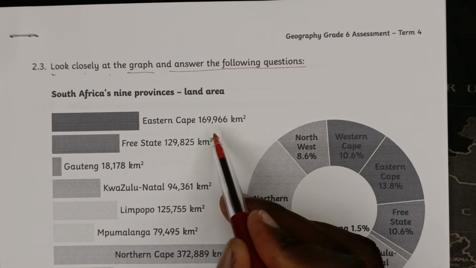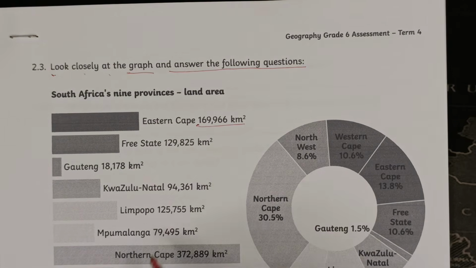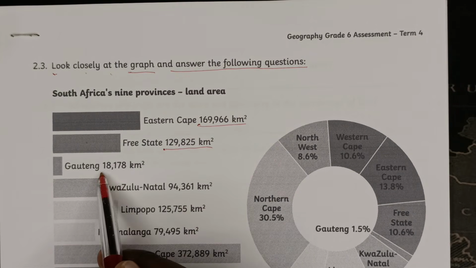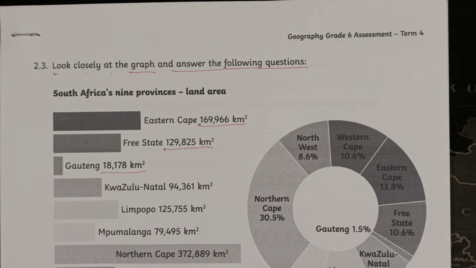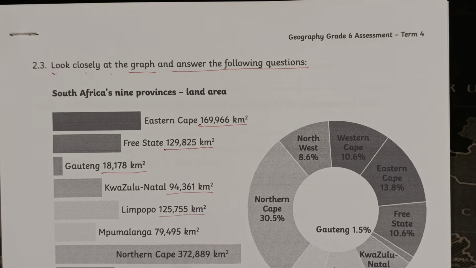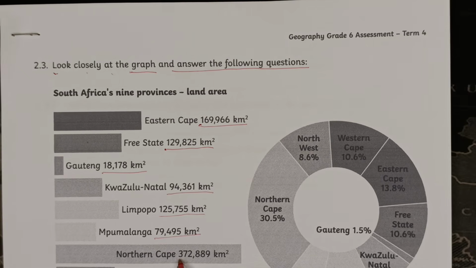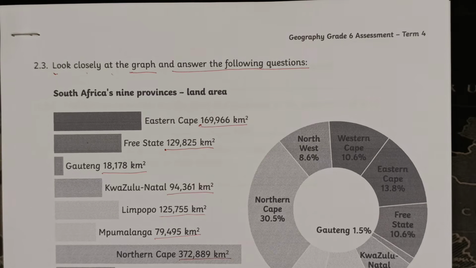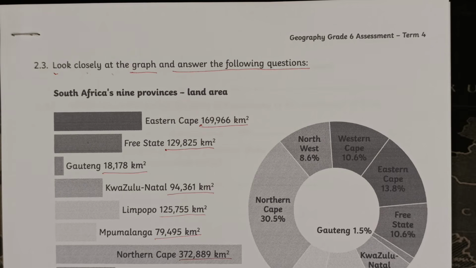So this shows the land area that Eastern Cape has, the land area that Free State has, the land area that Gauteng has, the land area that KwaZulu-Natal has, the land area that Limpopo has, the land area that Mpumalanga has, the land area that Northern Cape has, the land area that Northwest has, the land area that Western Cape has.